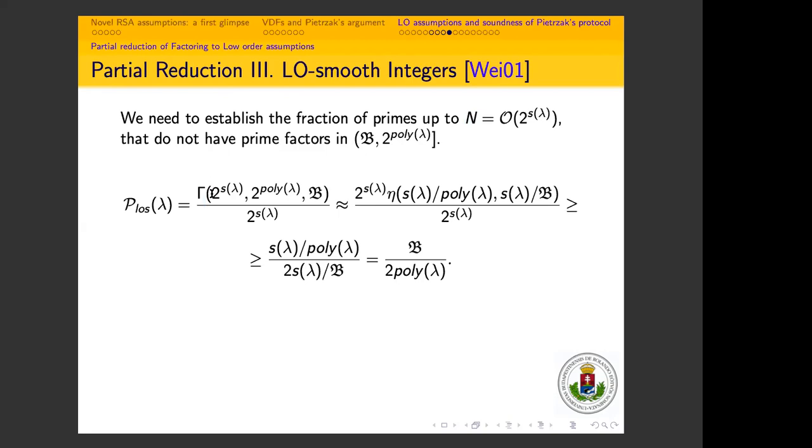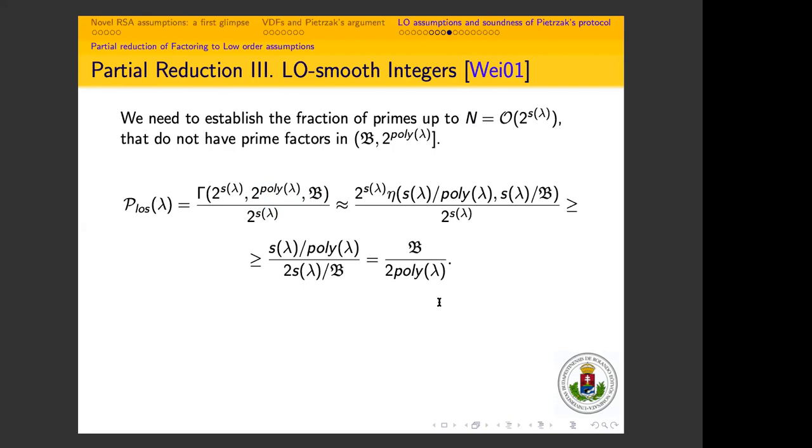Gamma denotes a function which counts all the numbers smaller than 2 to the s lambda, which is basically the modulus we care about. We want to count the numbers less than 2 to the s lambda which don't have any prime divisors between B and 2 to the poly lambda, right? Using Gardner's theorem, we can establish this portion, and luckily this portion is non-negligible in lambda.